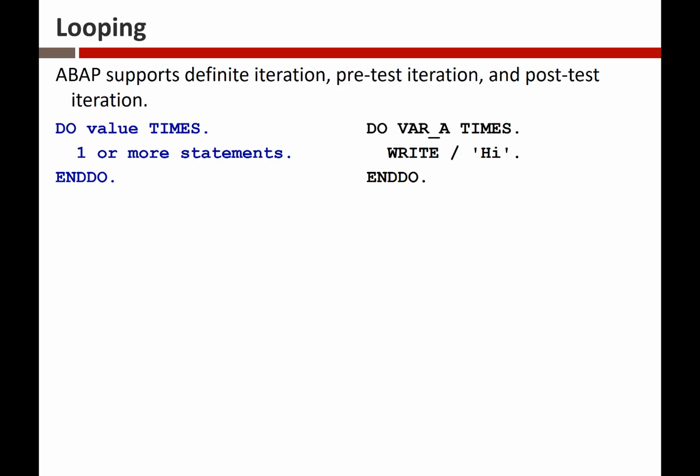The nice thing about definite iteration is it can never go infinite on us. We have to specify a number of times we're going to go around, and we can't put an infinity symbol there. So we know this will never ever go infinite on us. But obviously, in our programs, not always do we know how many times we are going to go around.